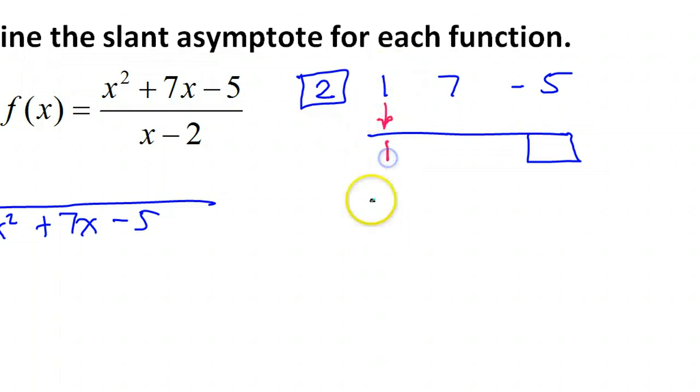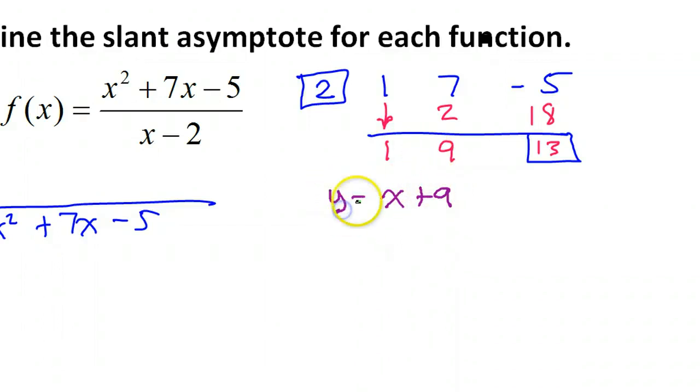Okay, yeah, so the 1 comes down. 1 times 2 is 2, and that's 9. 9 times 2 is 18. Shabam. And that's going to be 13. So ignore the remainder. The quotient part, if I turn this back into a situation, is going to be x plus 9.